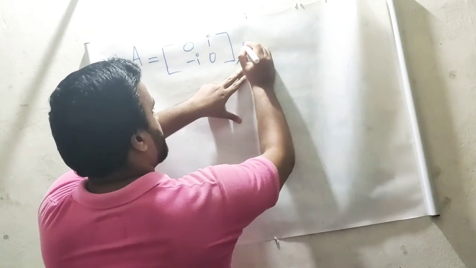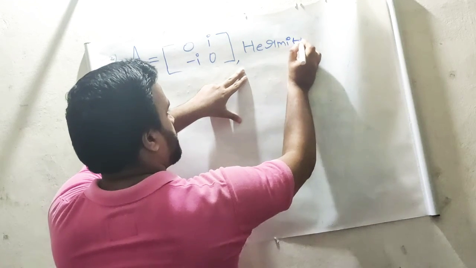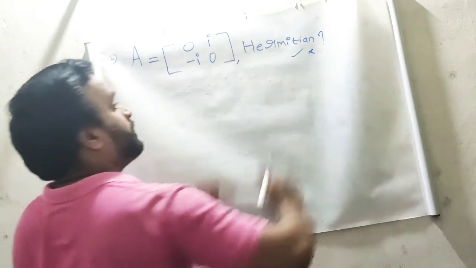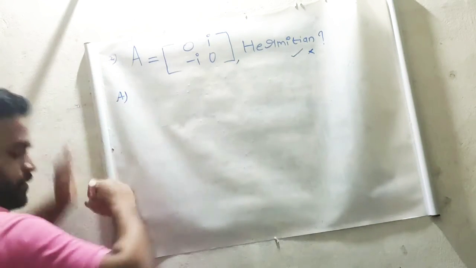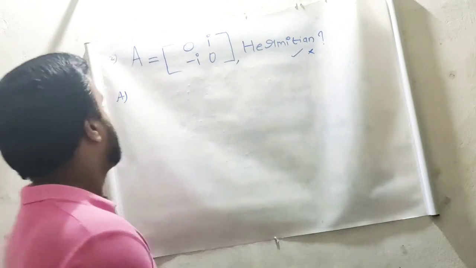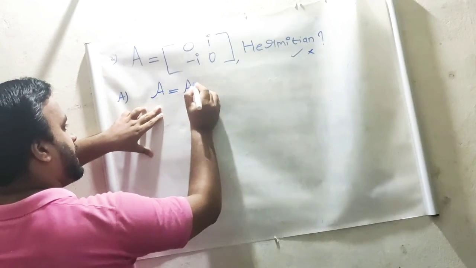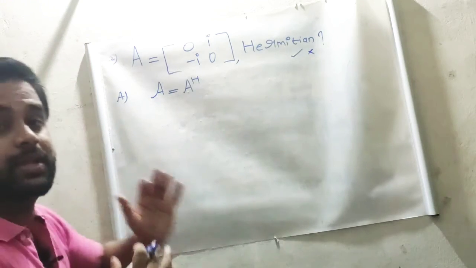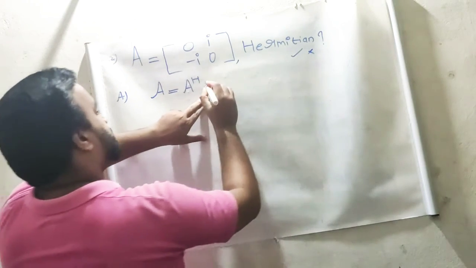We want to check whether this matrix is Hermitian or not. What's the condition? This matrix A should be equal to AH. Then we can say that the matrix A is Hermitian.